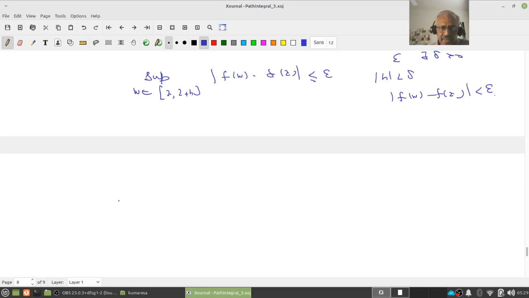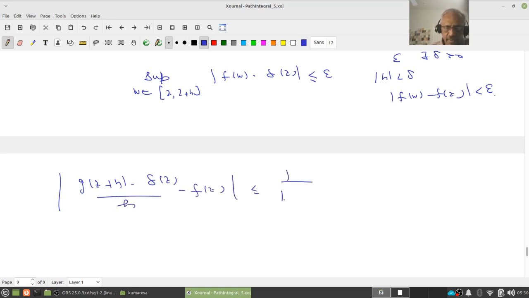Therefore, by the ML inequality, mod of g of z plus h minus g of z by h minus f of z is less than or equal to 1 by mod h into epsilon into the length of the segment from z to z plus h.